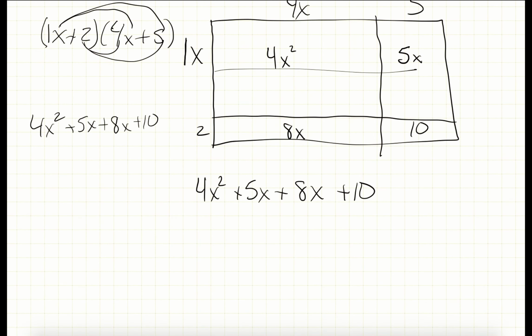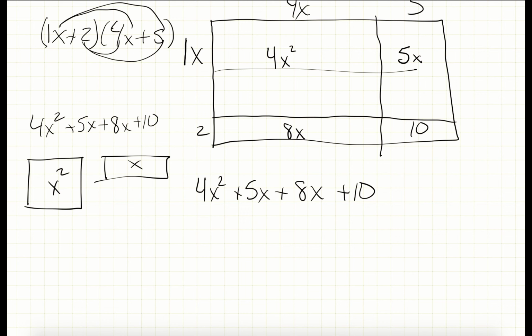Finally, we need to recognize that in this case, we do have some like terms, some things we can add together. We can't add this x squared to the x, and if you have your algebra tiles, you'll understand why, because your algebra tiles will show you that you have this x squared and you have this x. Those are not the same kinds of things. I can't add them together because they're not the same kinds of things.